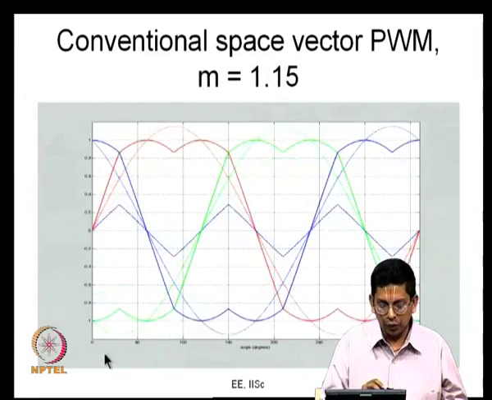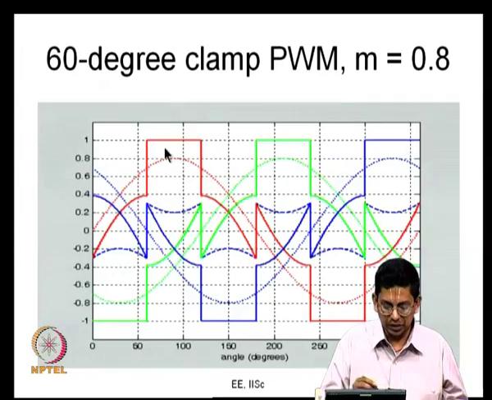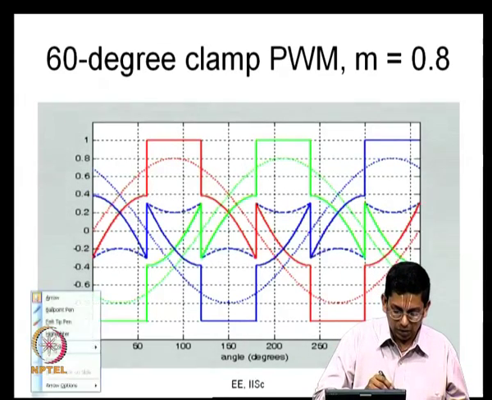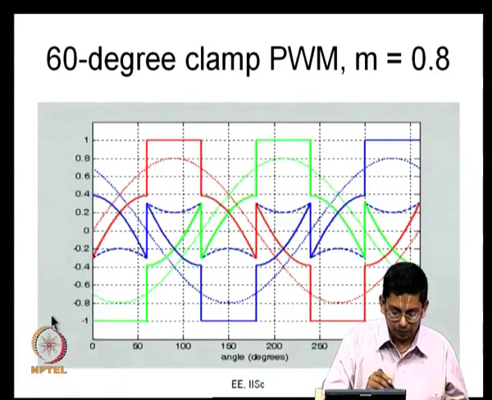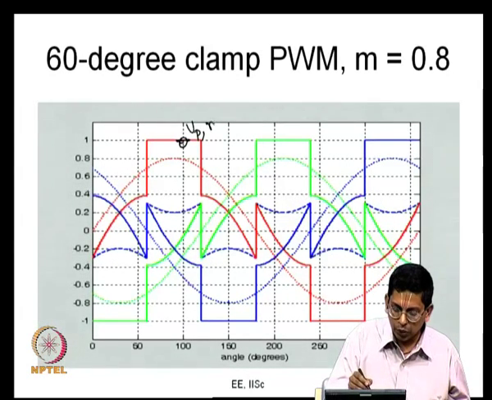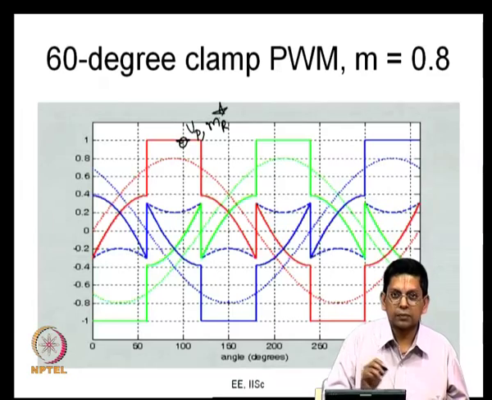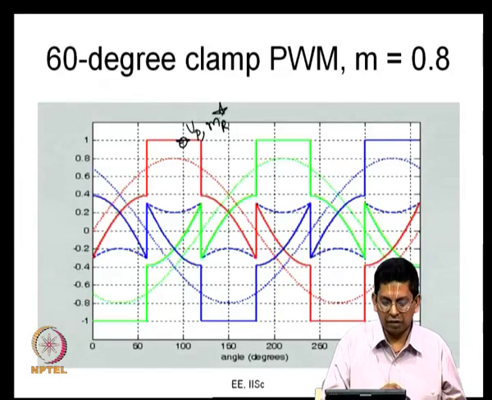Now, on the other hand, if you do not have a continuous modulating signal, you go to a discontinuous modulating signal like this and you consider a particular instant as shown here. Let us say you consider the instant 100 degrees, and here this is equal to your Vp, this is also equal to your MR star. So, even as you start, your R phase is always positive, R phase is never negative.